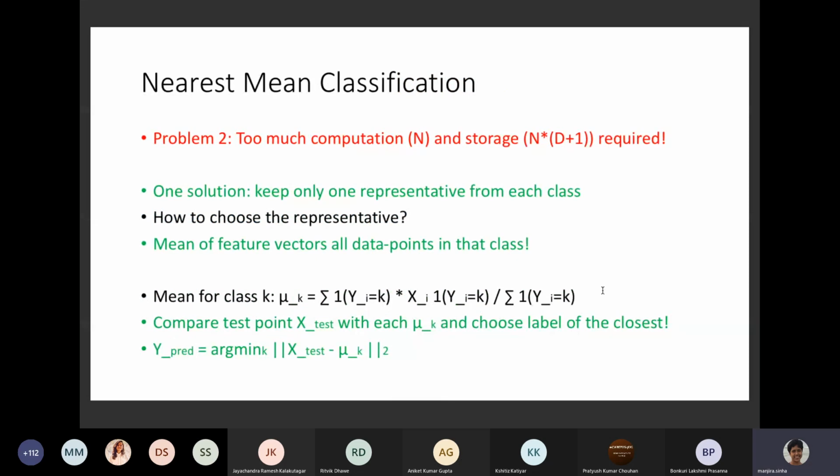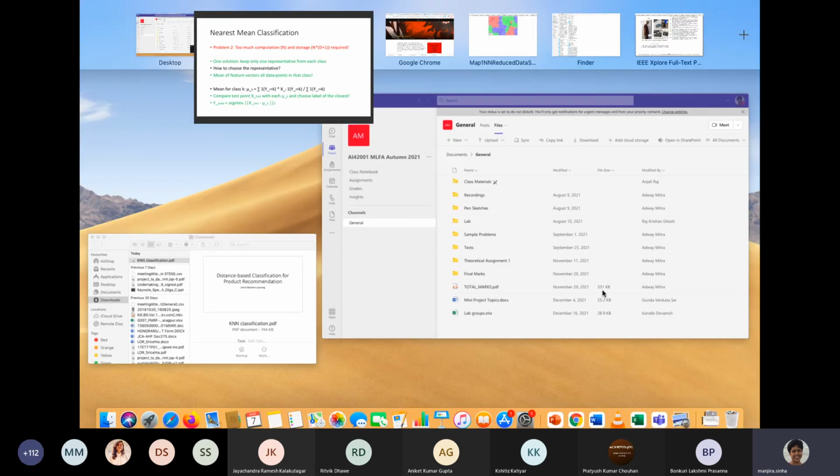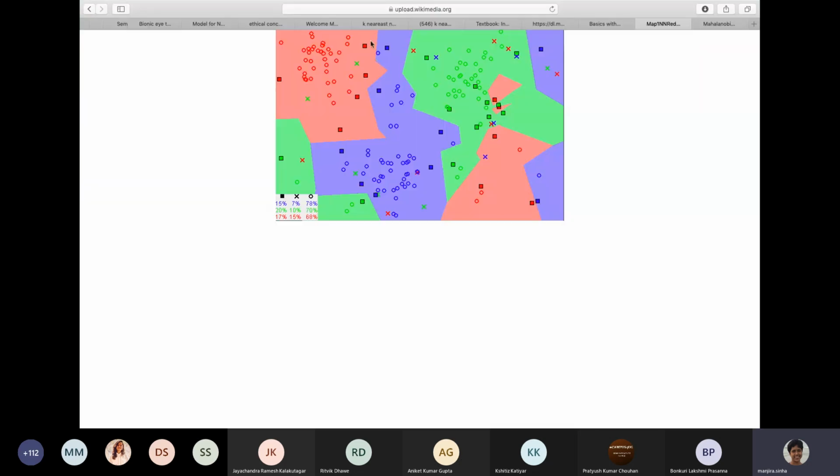So now what can be my solution? One of the proposed solutions is called nearest mean classification. The idea is that the examples in the training set belonging to different classes are grouped in different clusters.